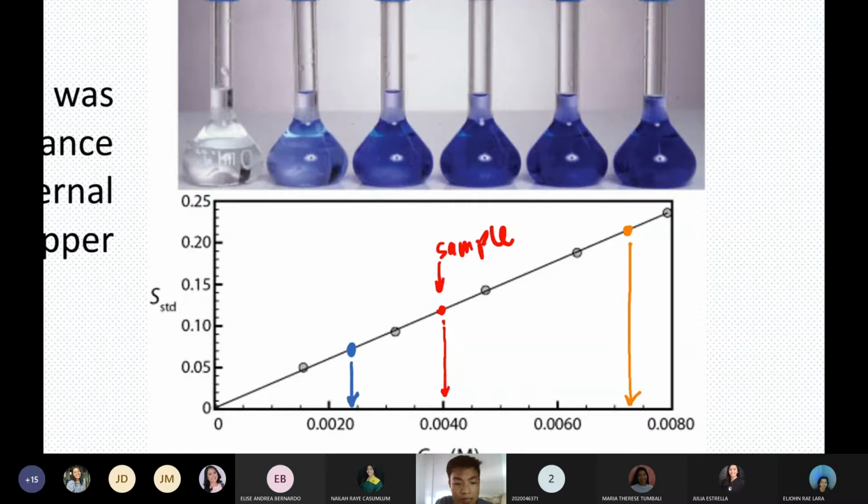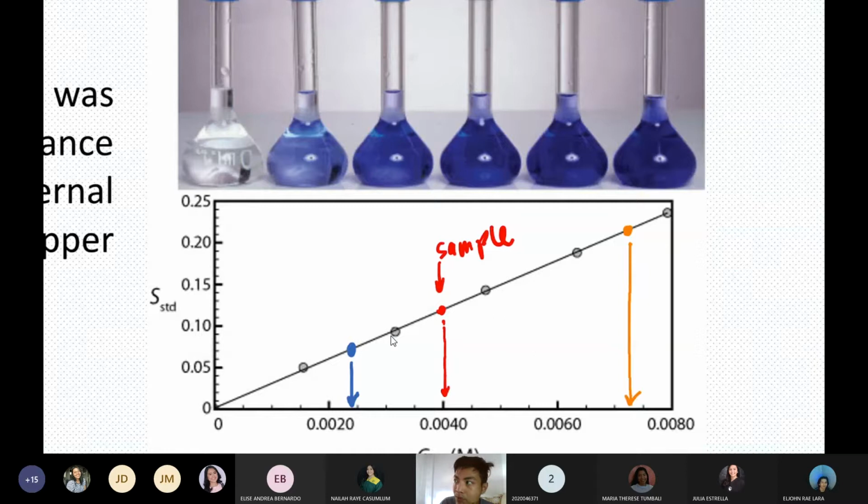So, ano yung general idea dito? When doing analysis ng inyong samples, first, you have to have your calibration. So, this one is the calibration or the standard calibration. So, anong gagawin mo sa standard calibration? Magsa-set up ka ng different concentration and you will check what is the instrument response for that corresponding concentration.